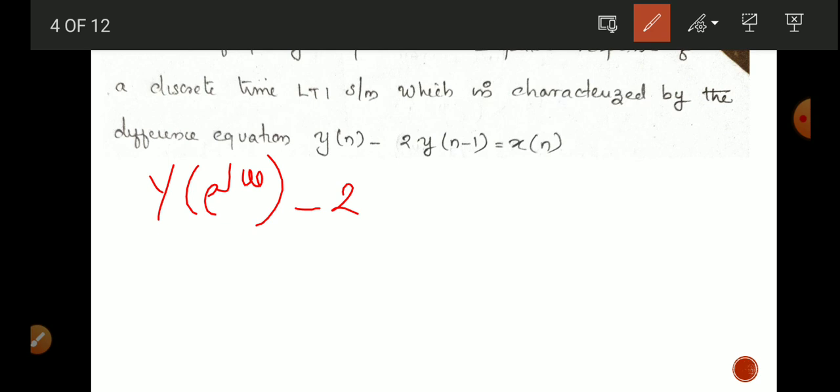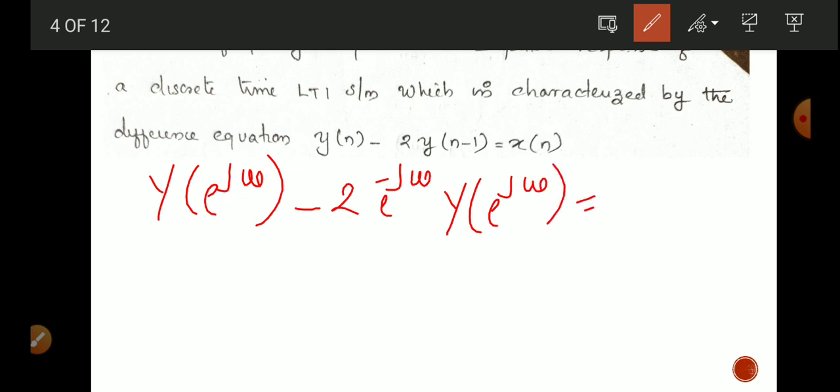Here 2 into y of n minus 1 means scaling property. We can write the discrete time Fourier transform of the second term as minus 2 into e raised to minus j omega into Y of e raised to j omega.